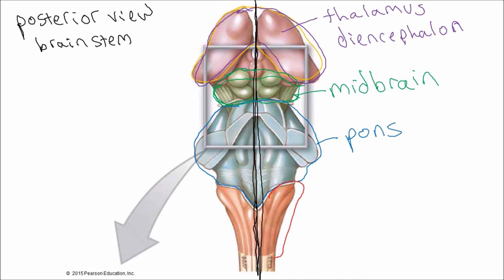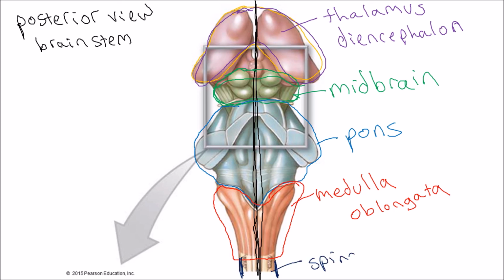This red section, this is the back of the red section, and this is the medulla oblongata. And then of course this leftover down here, that is the spinal cord. Because after the medulla oblongata, it turns into the spinal cord.